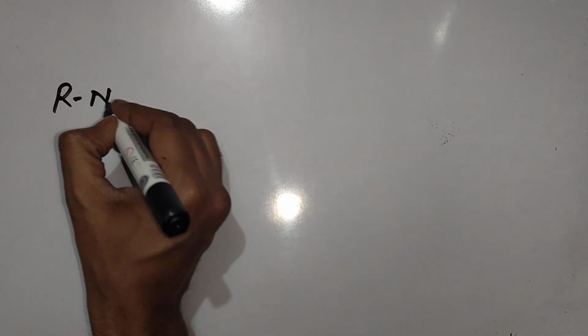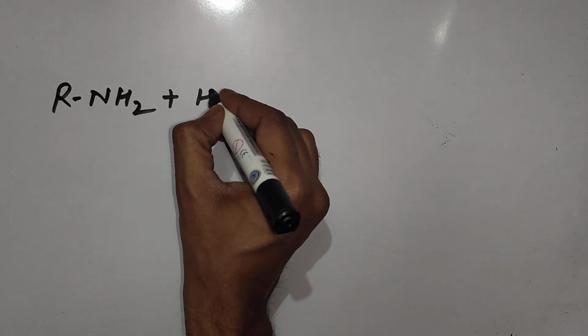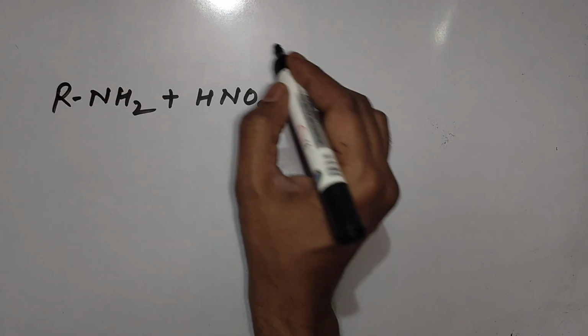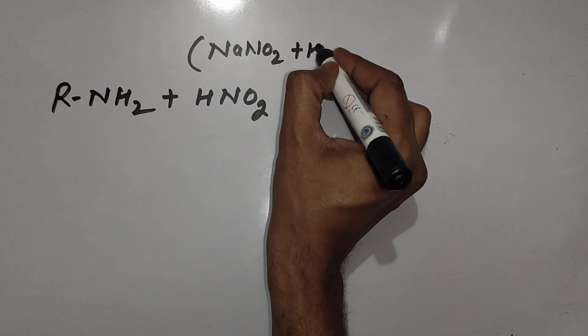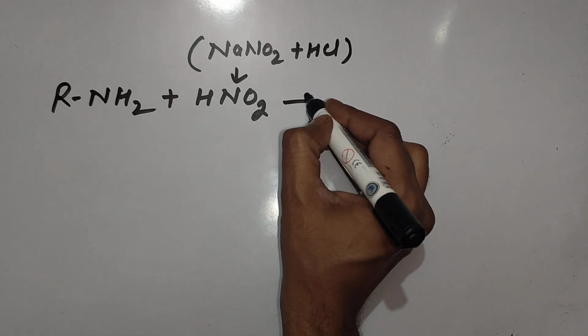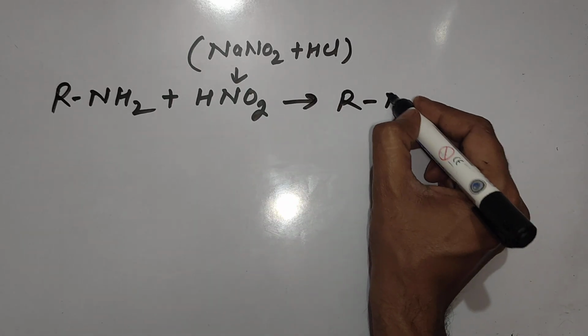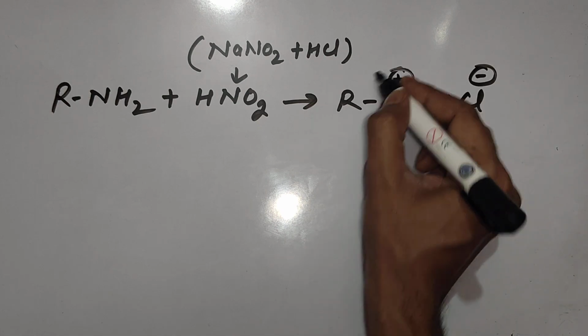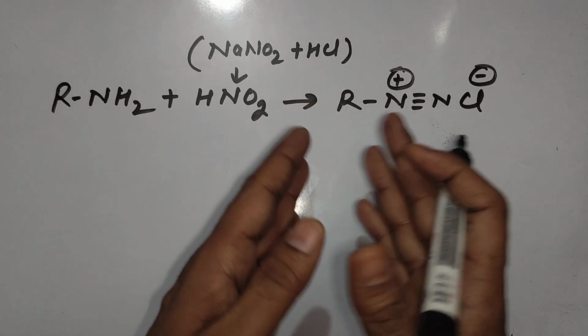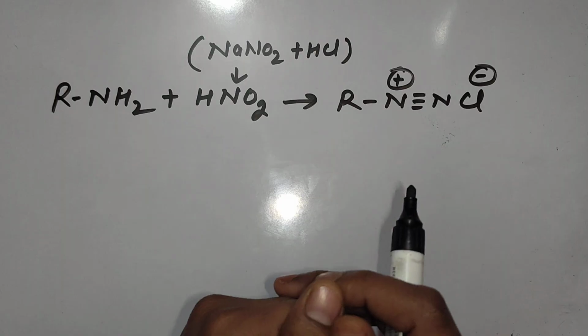1 degree amine plus nitrous acid, which is generated through NaNO2 plus HCl, will first create this compound. This one. Which compound is this? Yaad hai?